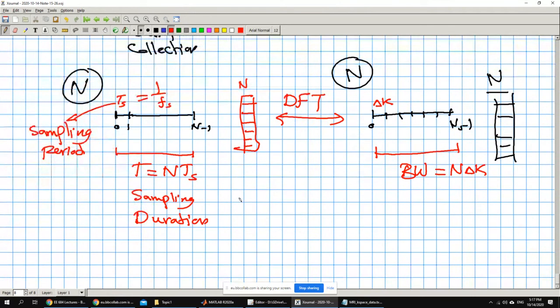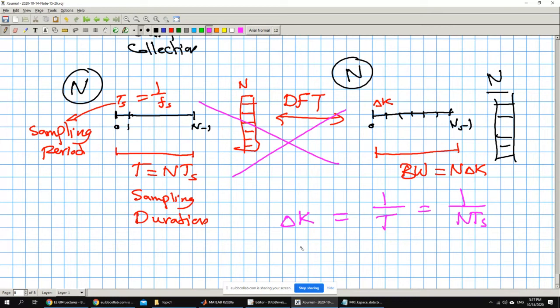There are some fundamental relationships between delta k and bandwidth, and the other side, Ts and T. You have a crisscross relationship: between delta k and the sampling duration, and between Ts and the bandwidth. First of all, delta k will be equal to 1 over T, which means it's 1 over n Ts.